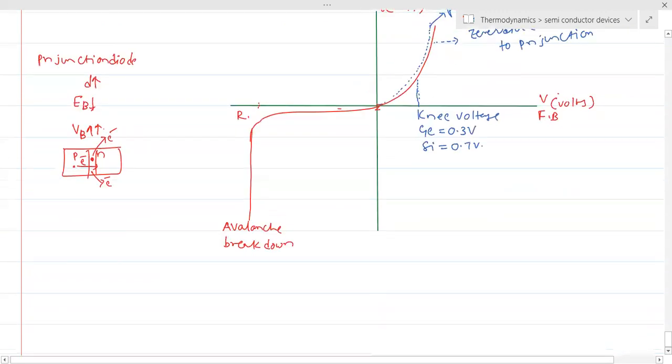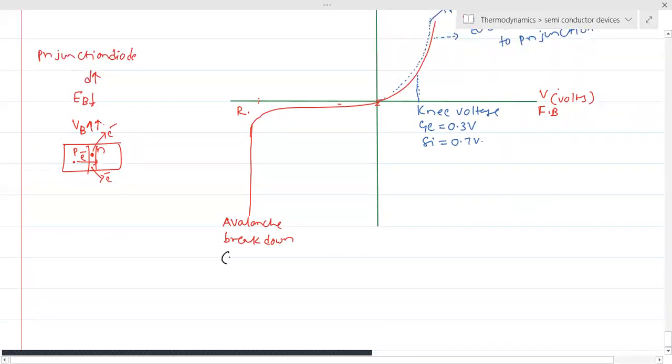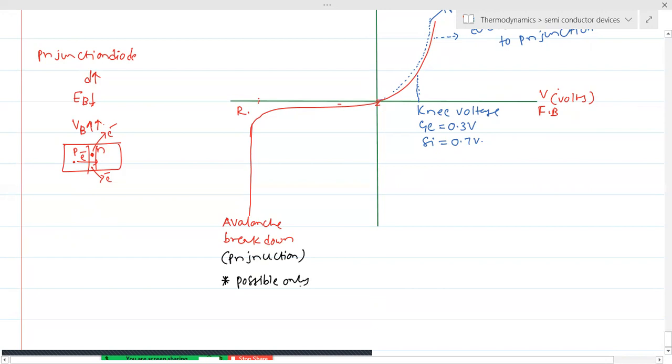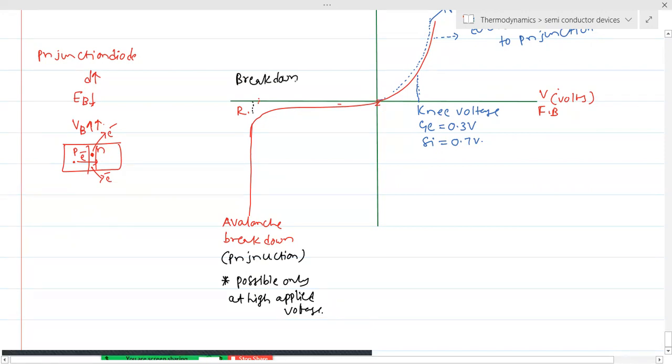You need to understand that this avalanche breakdown is possible in a PN junction diode, and one more important thing is that it is possible only at a high applied voltage. This is called the breakdown voltage.